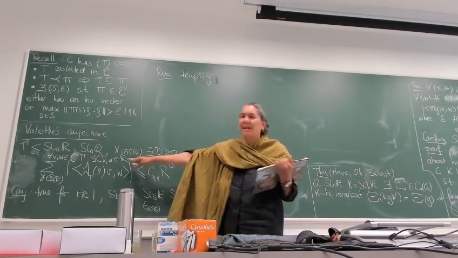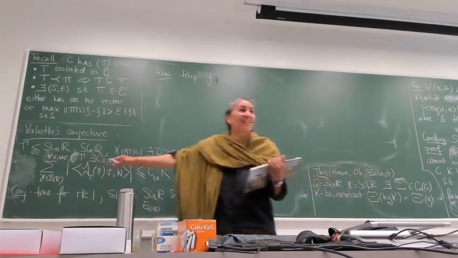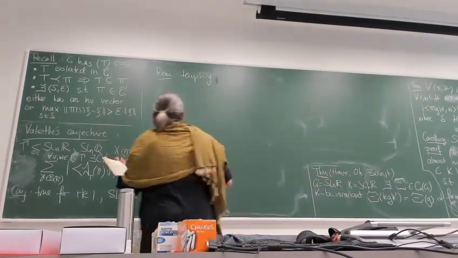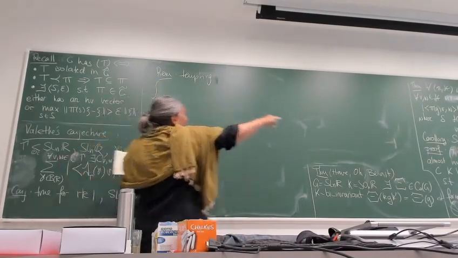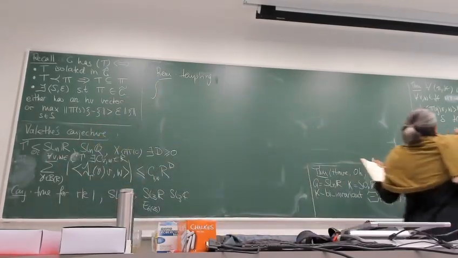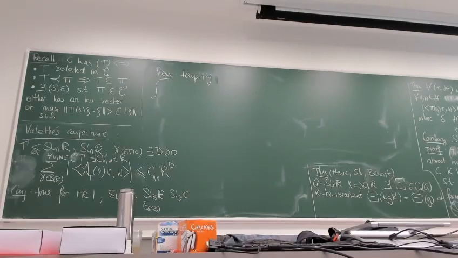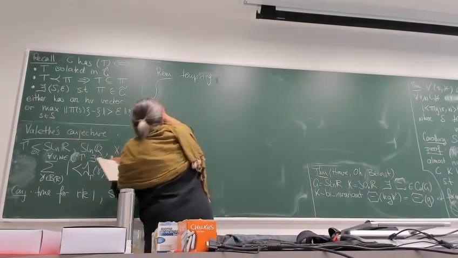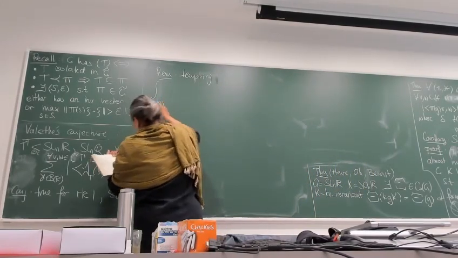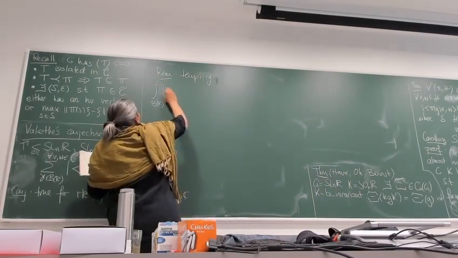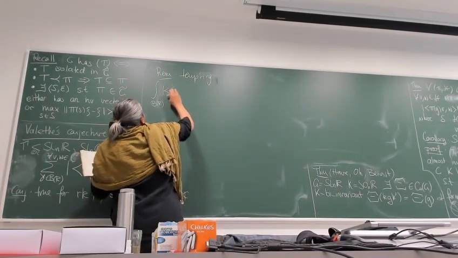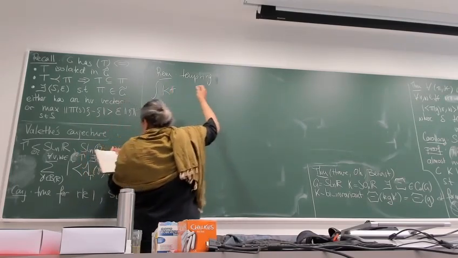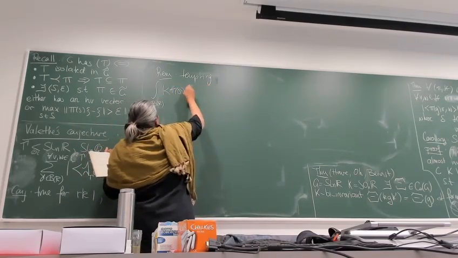Although if you have a CAT(0) space, you don't have that. But if you're in SL_N(R), what's tempting is to say, well, I'm going to take this thing and integrate it over a ball of radius R. And I'm going to do it maybe with another representation that I know how to integrate with.